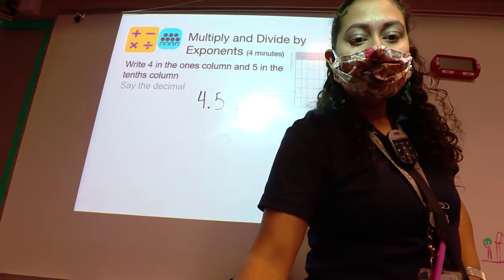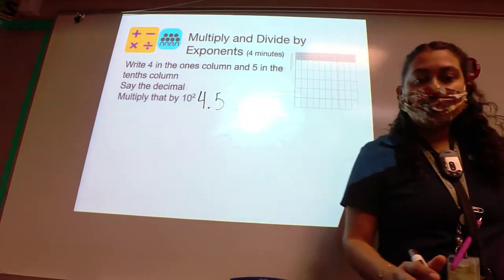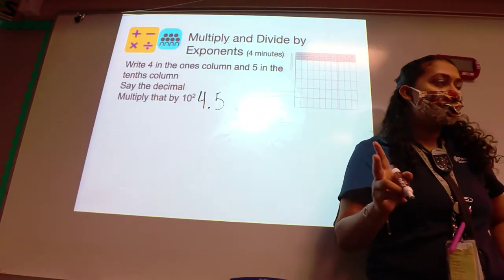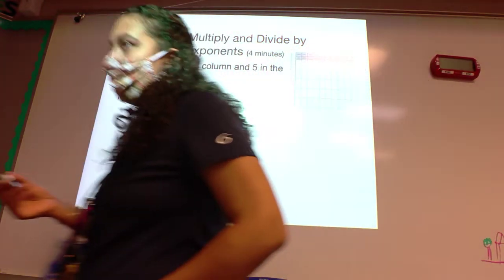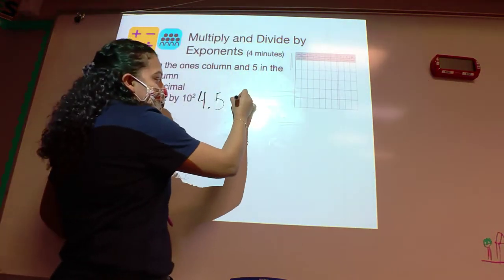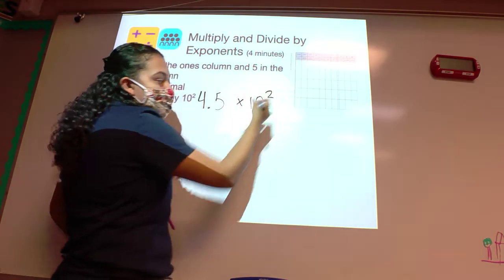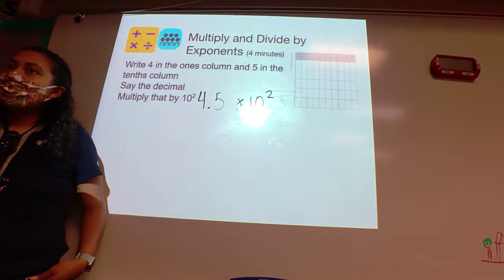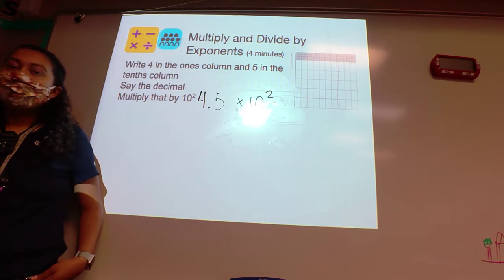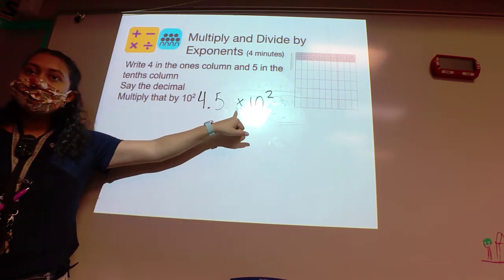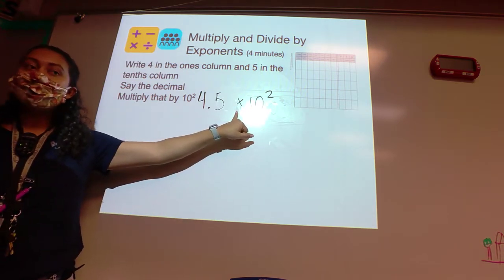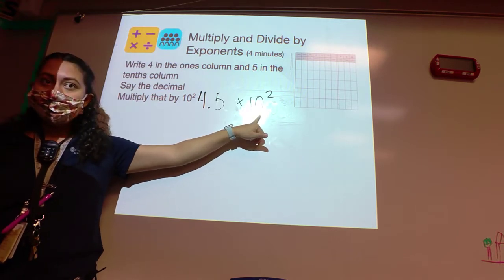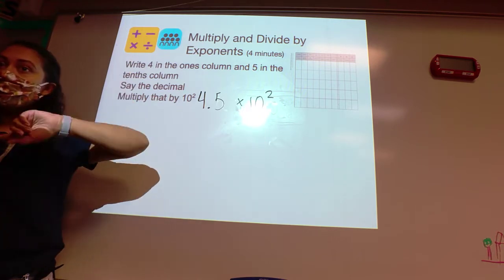So now we're going to multiply it by 10 to the power of 2. So we would have 4 and 5 tenths times 10 to the power of 2. Okay, so because we're multiplying by a power of 10, we're just going to shift, right?